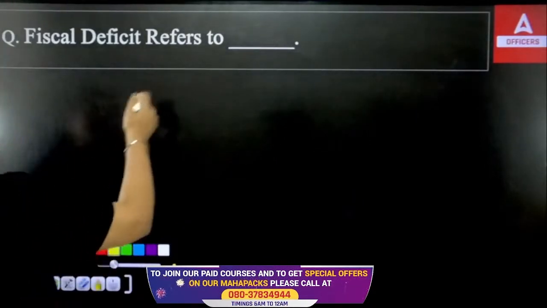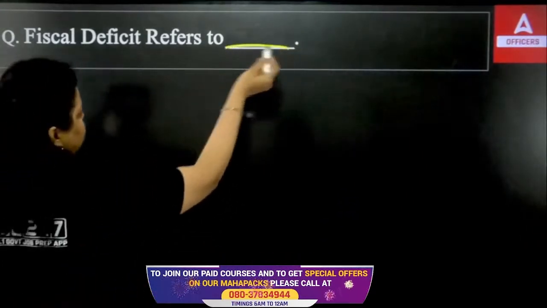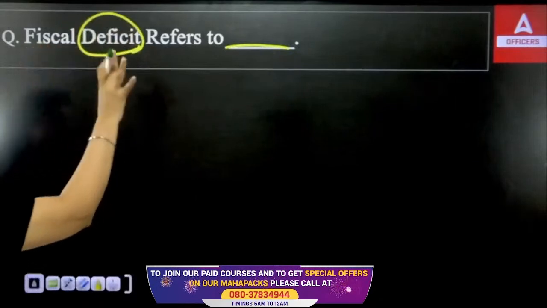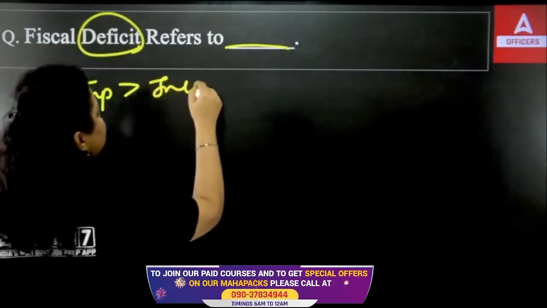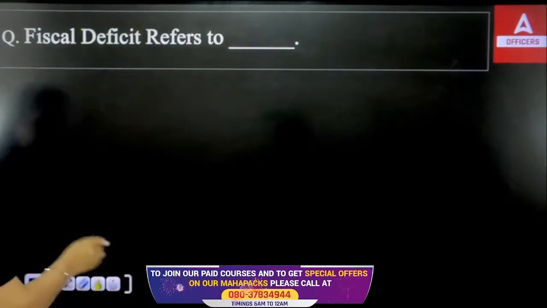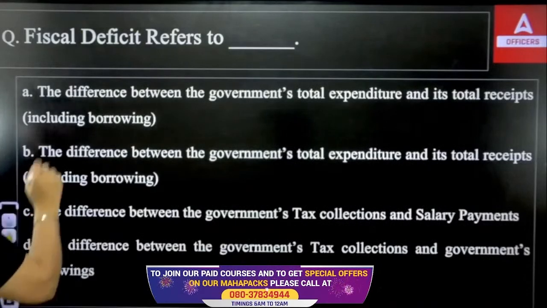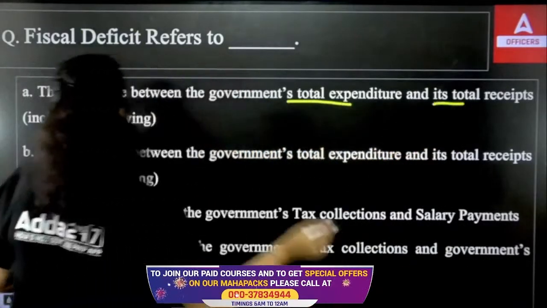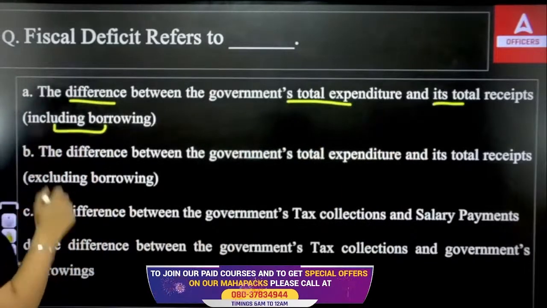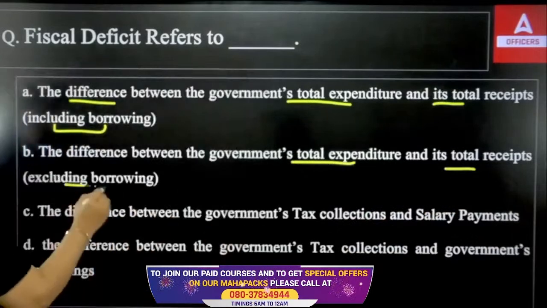Now, fiscal deficit refers to dash. What does fiscal deficit refer to? Deficit means loss. When the expenditure of the Government of India is more than the income, this is known as deficit. We have certain options here. First, the difference between the government's total expenditure and its total receipts, including borrowing. Second, the difference between the government's total expenditure and total receipts, excluding borrowing.